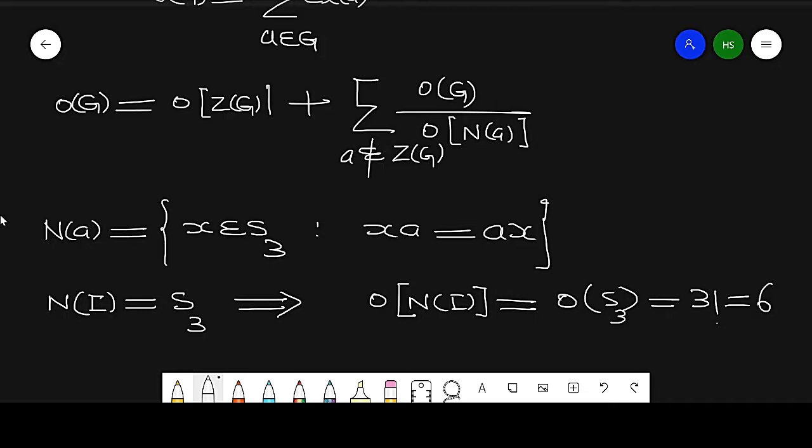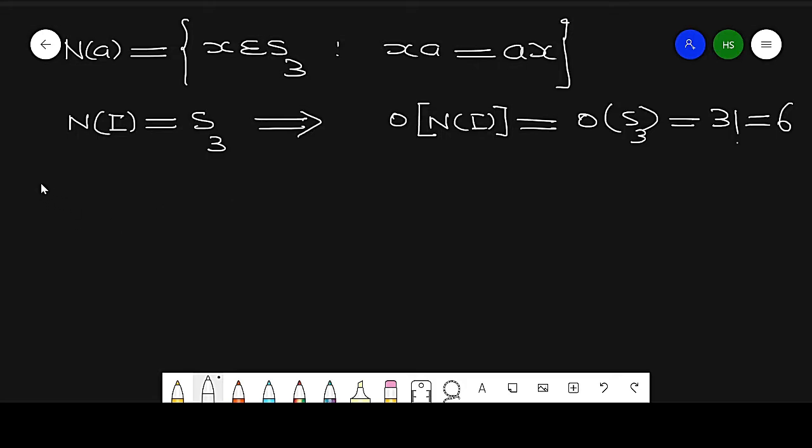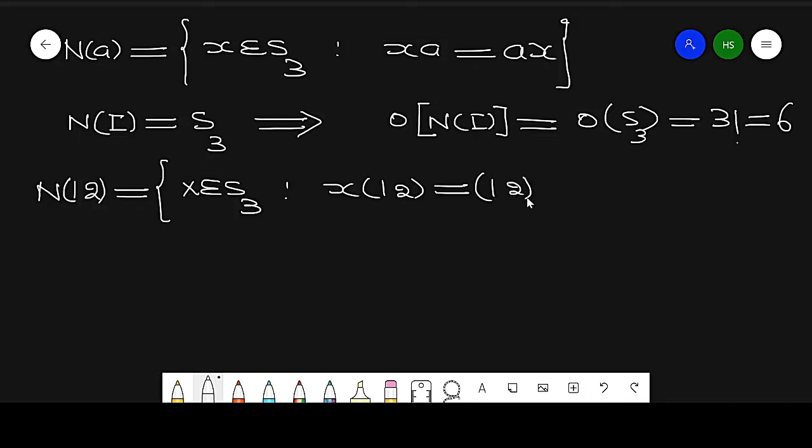Now next is the normalizer of (1 2), so all elements which commute with (1 2). It is the set of all x belonging to S3 such that x times (1 2) is equal to (1 2) times x.